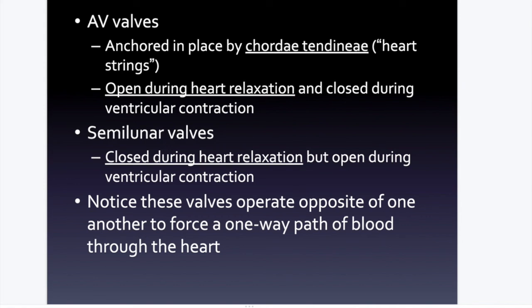So that pressure of the ventricles contracting forces those valves closed. The semilunar valves are closed when the heart is relaxed, but open when the ventricles are contracting. So if you notice, they operate opposite of each other, and that forces the blood to flow in one direction only.